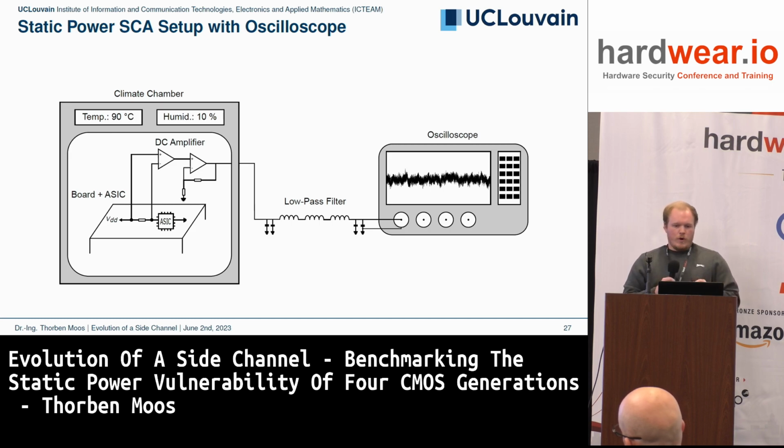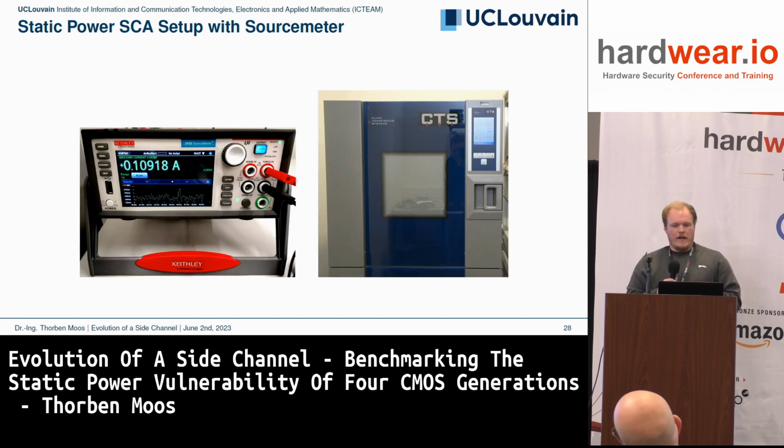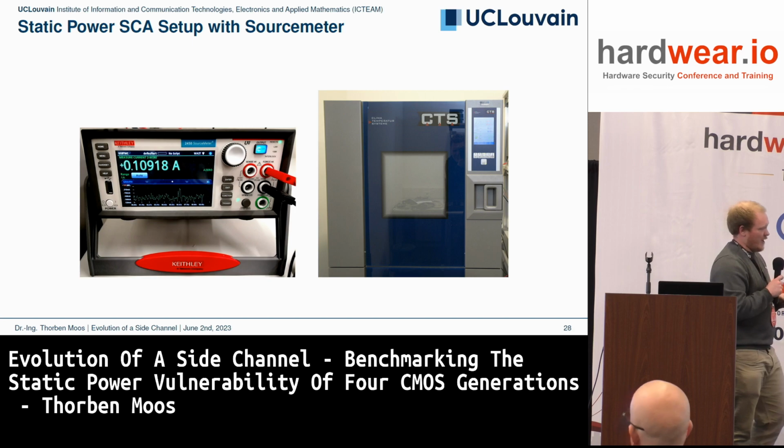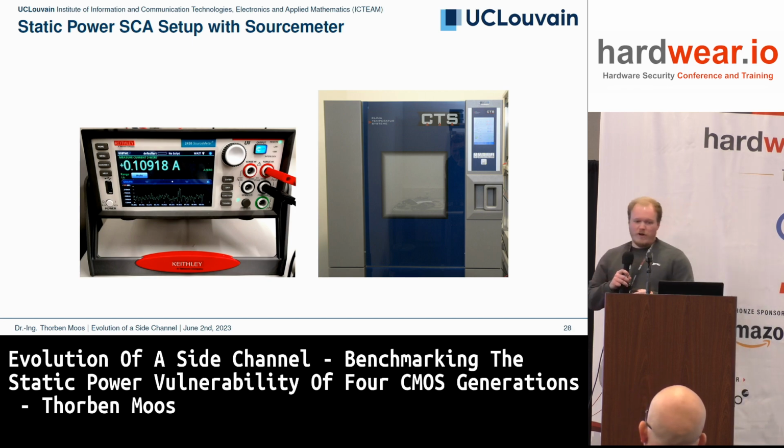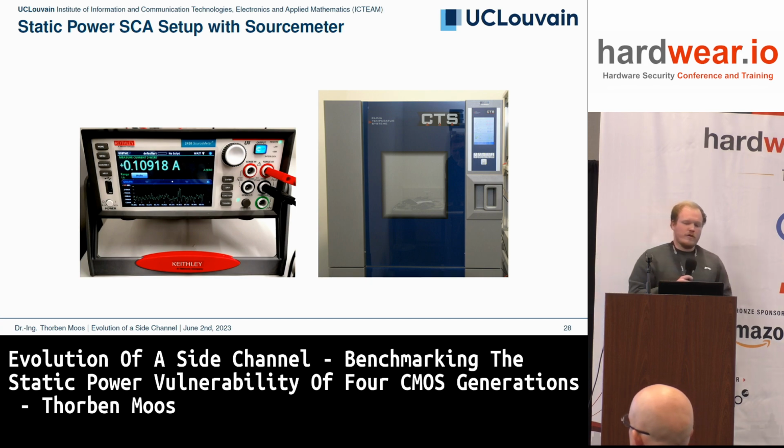So we worked with that and published a few papers with this setup as well. And later we figured out that we actually could have saved the time and just bought a device that is built for measuring pico or nanoampere strong currents.